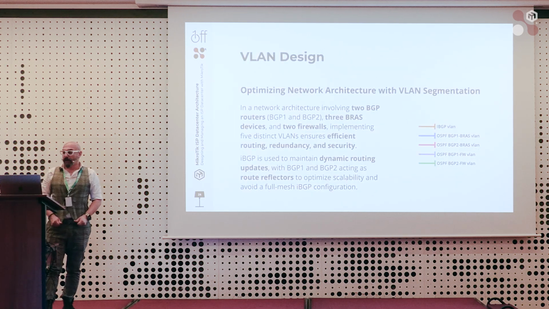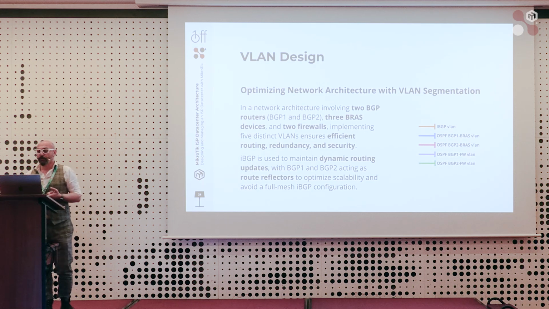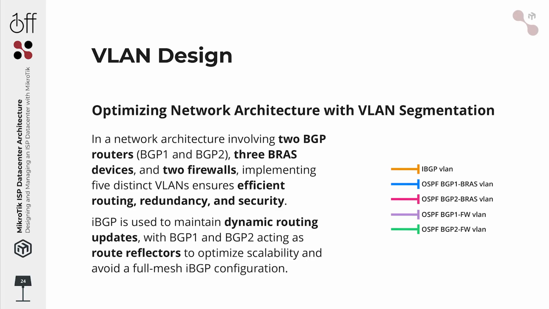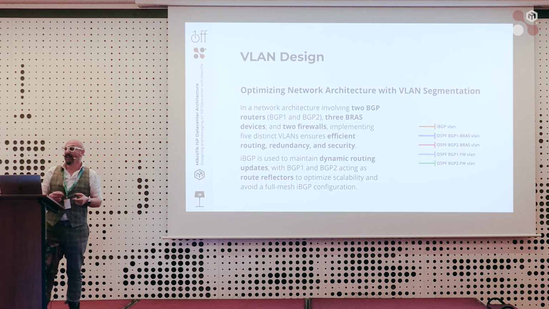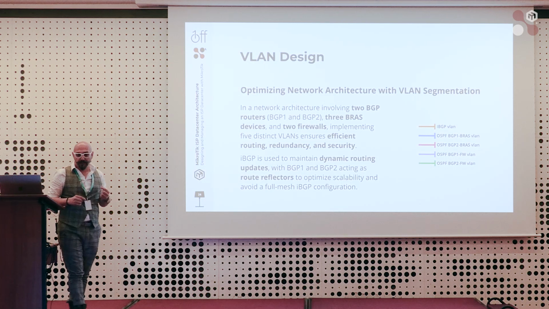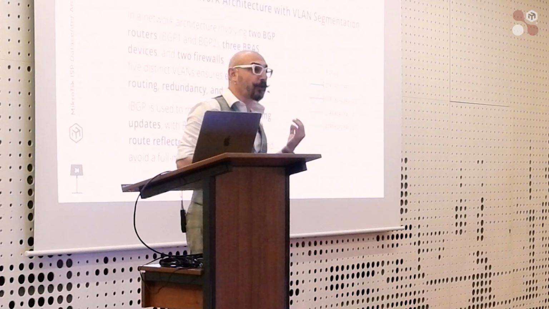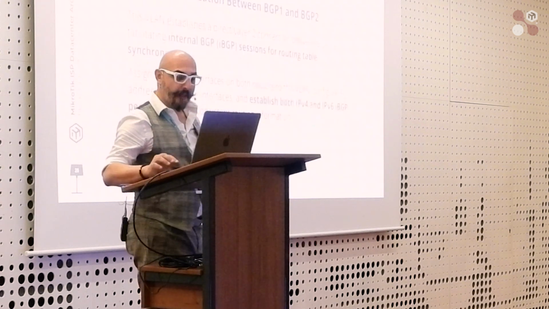So we have, in this example, two BGP routers, three access concentrators, two firewalls, routers, what else? And we want to grant efficient routing, redundancy, and security. IBGP is used to synchronize the routing tables of the two BGP switches, of course, and they act as a route reflector for the entire network.